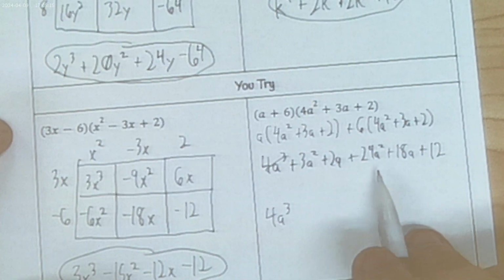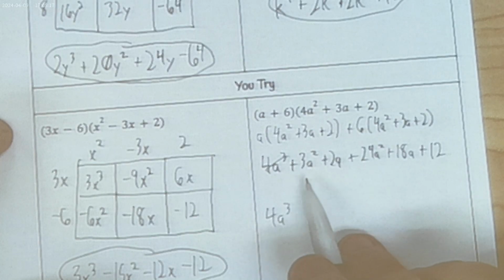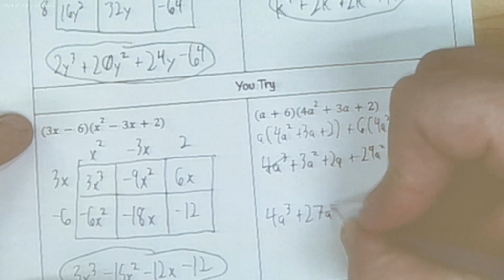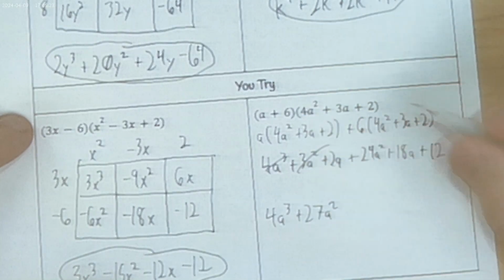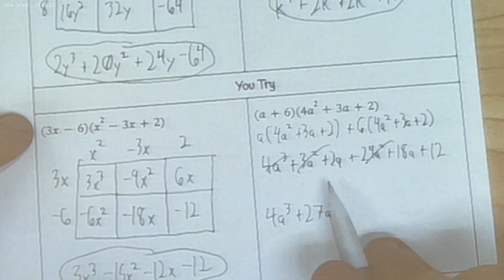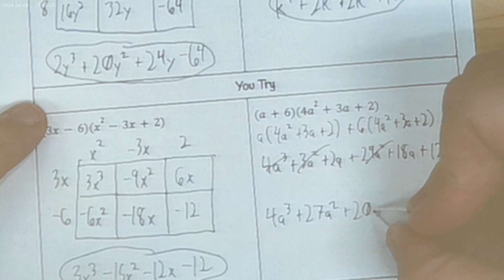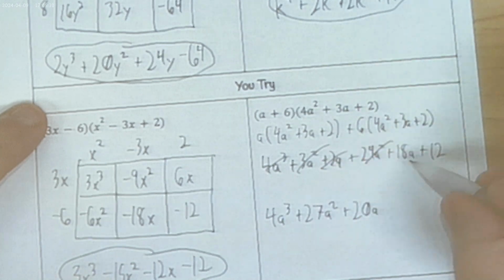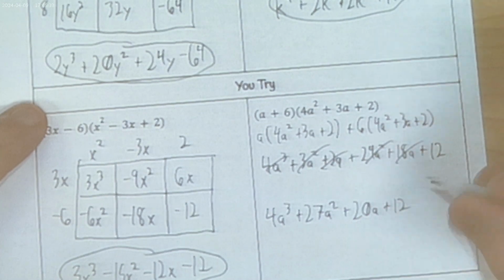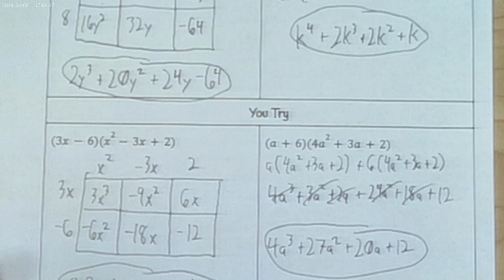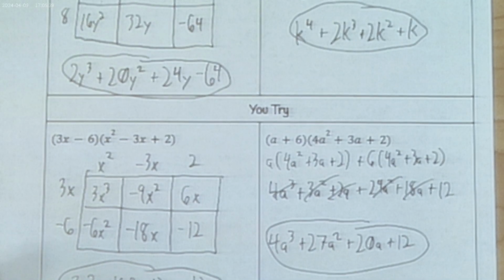I've got 2a to the second, so 3 plus 24 is 27a squared. 18 plus 2 is 20a, and then plus 12. Alrighty. All right, well, there we go.